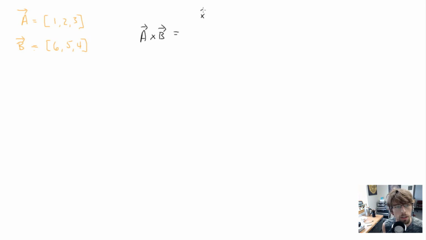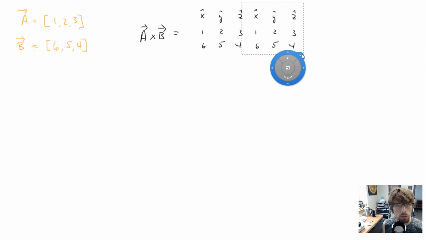So I'm going to set up my X hat, Y hat, Z hat. Go ahead and set this up. I said 6, 5, and 4. I'm going to copy this like so. Good. And let's go at it. So I'm going to take a line and draw it diagonally down.